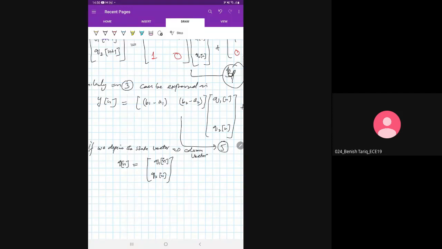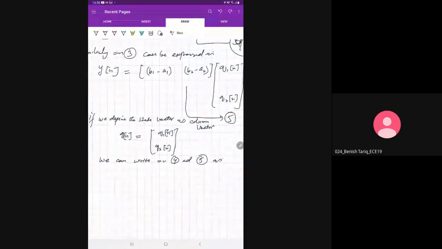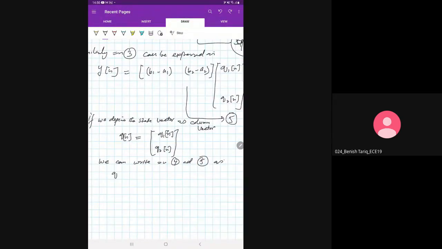Now we can write equation 4 and 5 further. In general, in equation 4 you had q1 of n plus 1 and q2 of n plus 1 on this side. Instead of this whole vector, we'll write q of n plus 1.